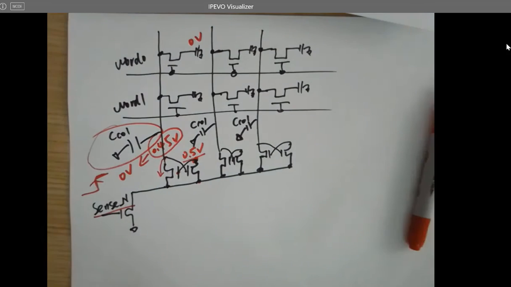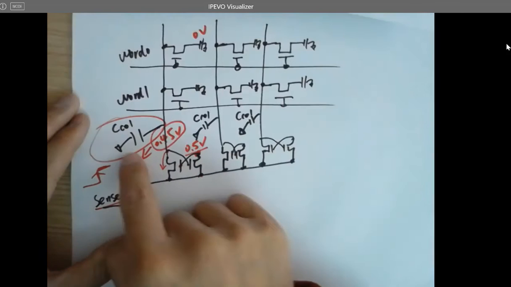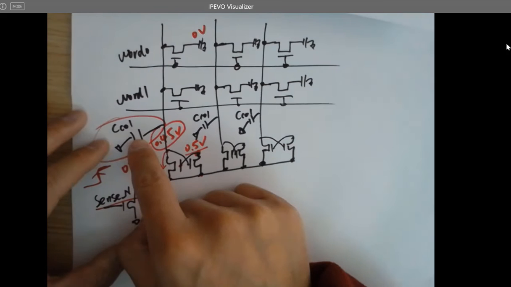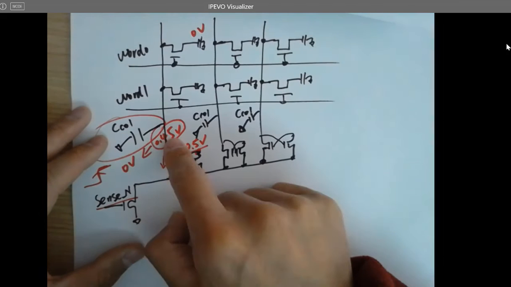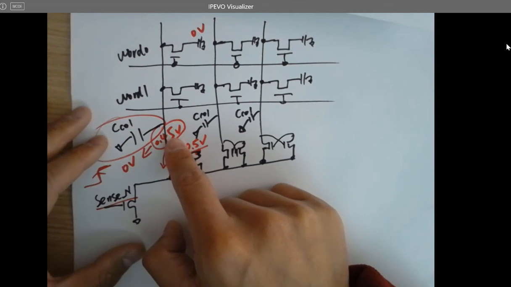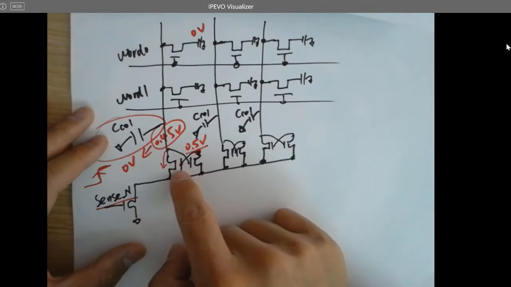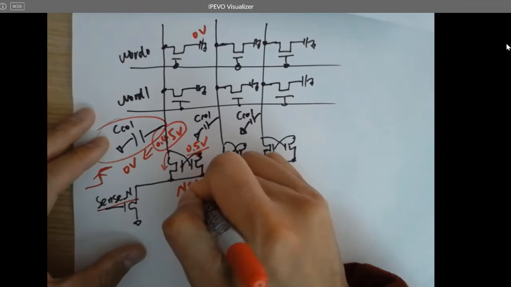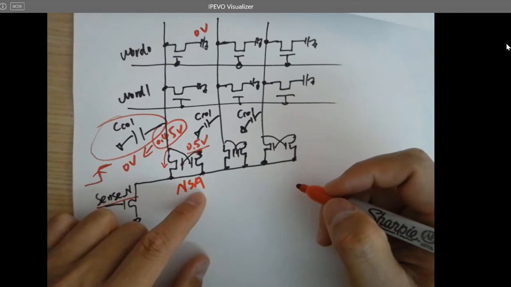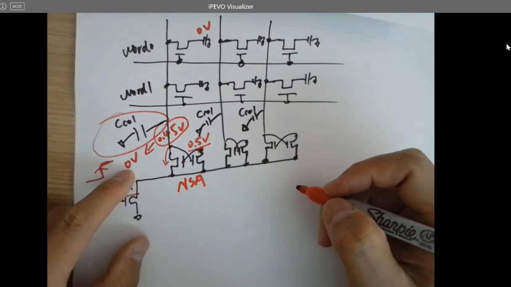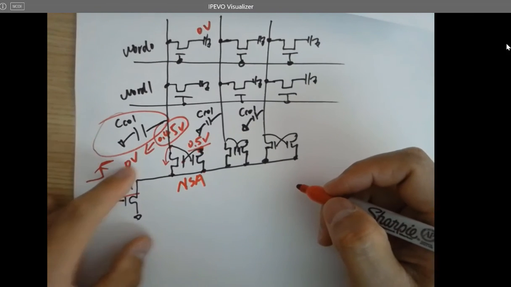It's being averaged out, and you cannot change it because of the physical capacitance of the traces. So whenever you close the switch, you are going to have 0.45 volts instead of 0. However, since you have this NSA, the NMOS sense amplifier, it's a positive feedback, it's going to pull this down to the ground eventually. So you are reading zeros.